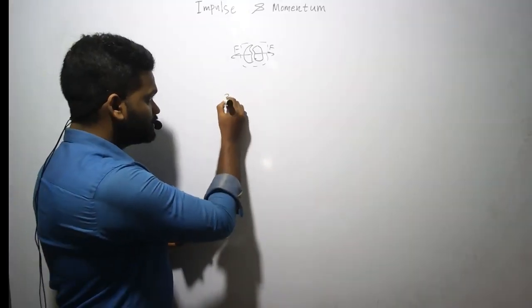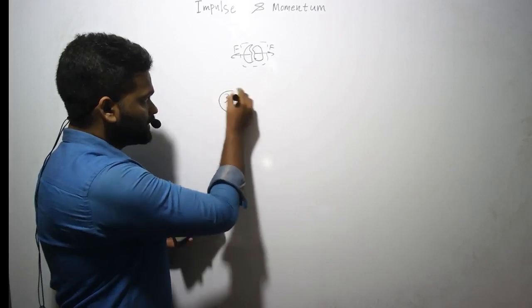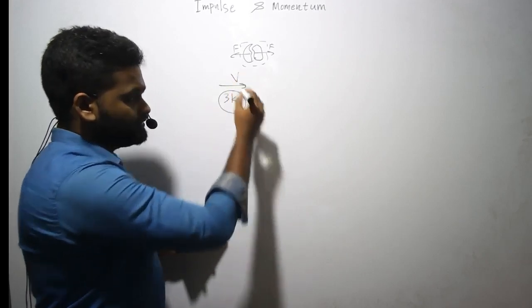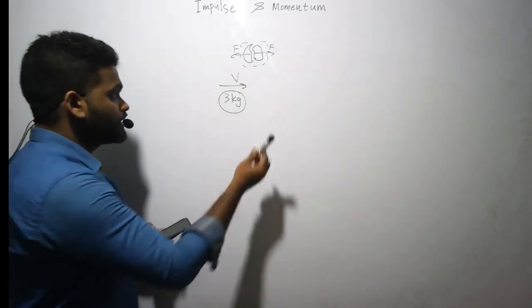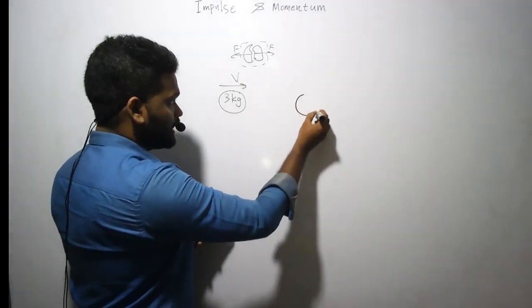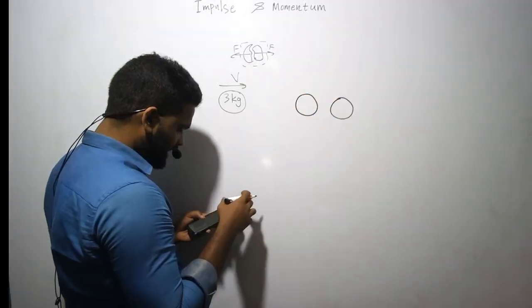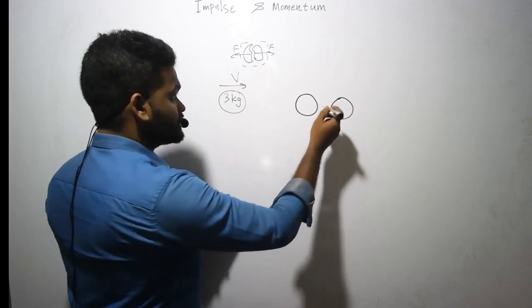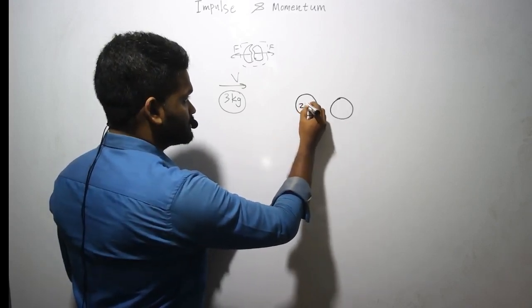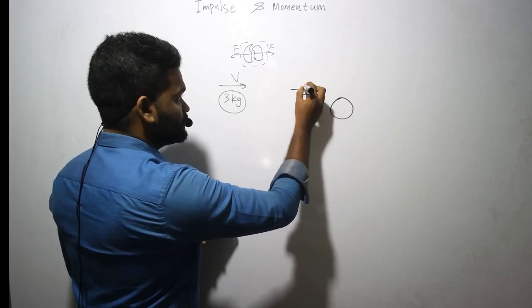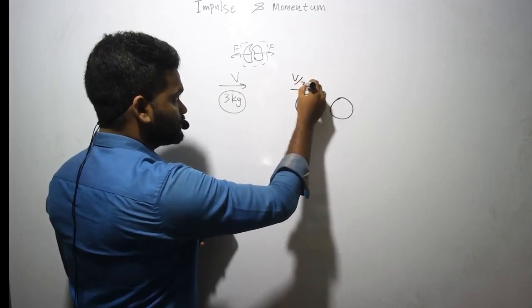So 3 kilogram moves at v. Then it explodes. After the explosion, the large part moves in the same direction. Let's say this is 2 kilogram. This moves in the same direction at v over 2.